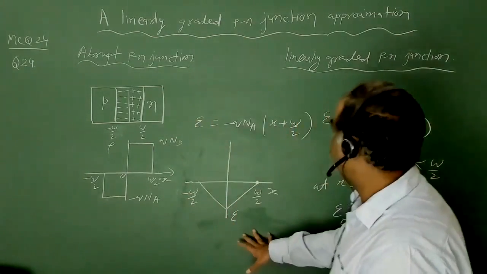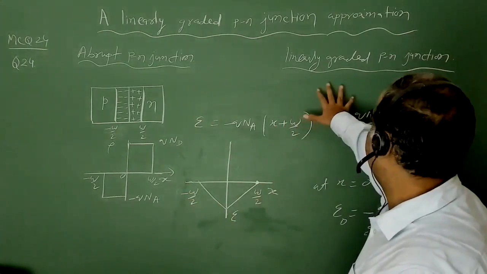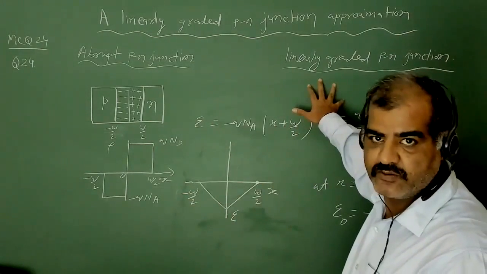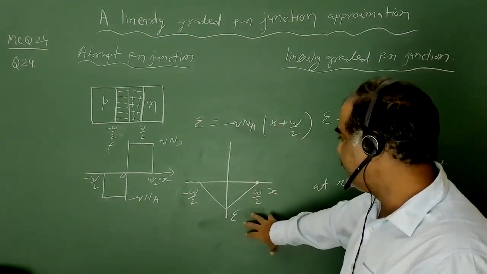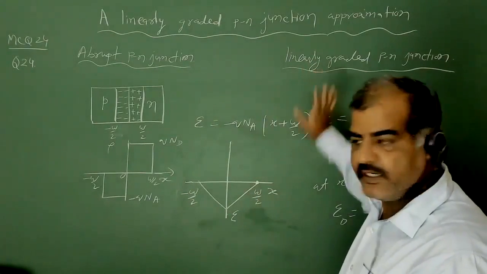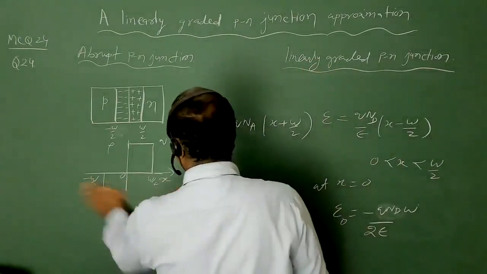But in the question they have given me a linearly graded pn junction. So now I want to calculate the electric field profile for the linearly graded junction. So how will we do it?